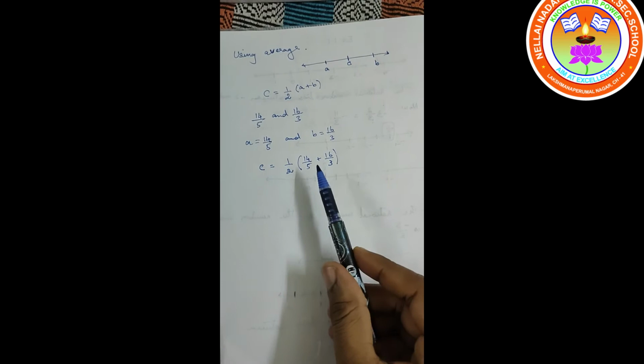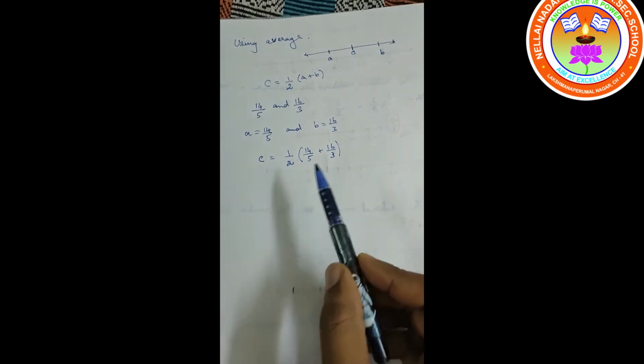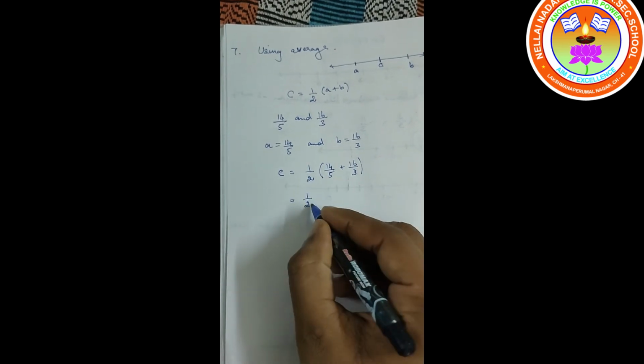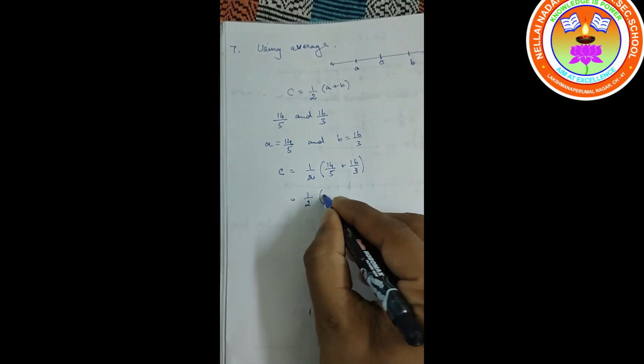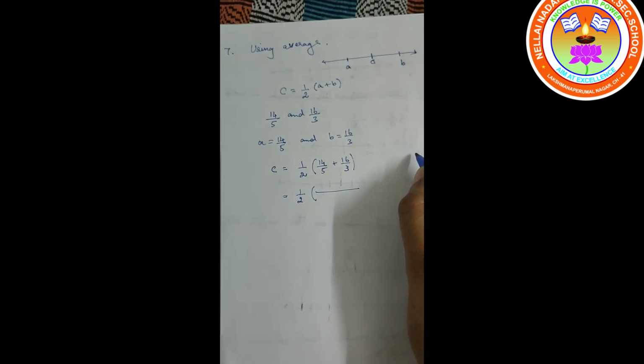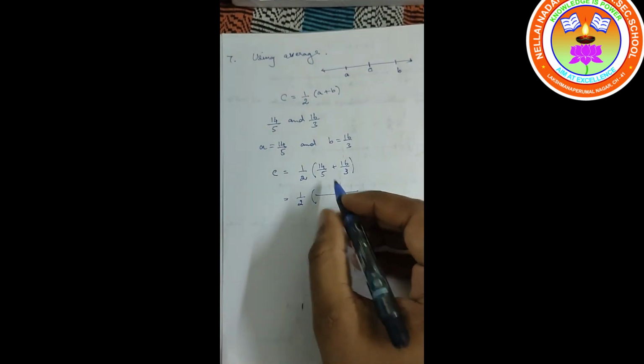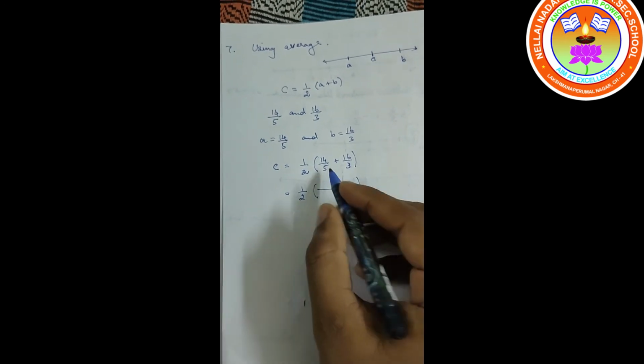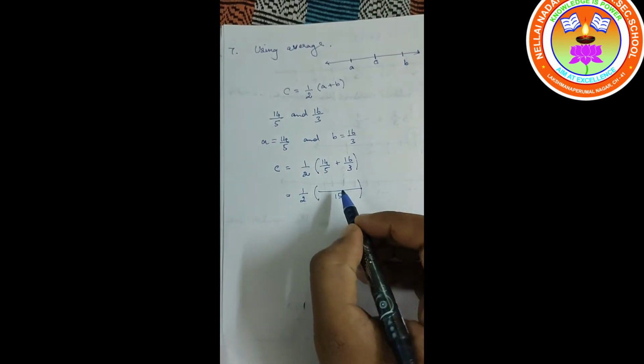In your previous classes, you might have added 2 fractions. The same method only, here also we are going to add 2 fractions. We put 1 by 2. Take LCM for 5 and 3. Both are prime numbers, just you multiply. 5 3s are 15. How many times will 5 become 15? 3 times.